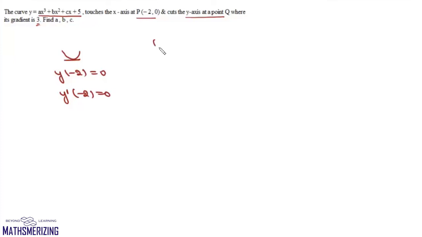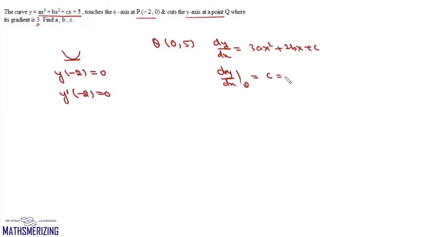Now at this point Q where it intersects the y-axis, we'll put x as 0, so this point Q is (0, 5), and if we find the derivative, dy by dx will be 3ax square plus 2bx plus c. So dy by dx at this point Q will be simply c, and is given as 3. So from here we know the value of c is 3.